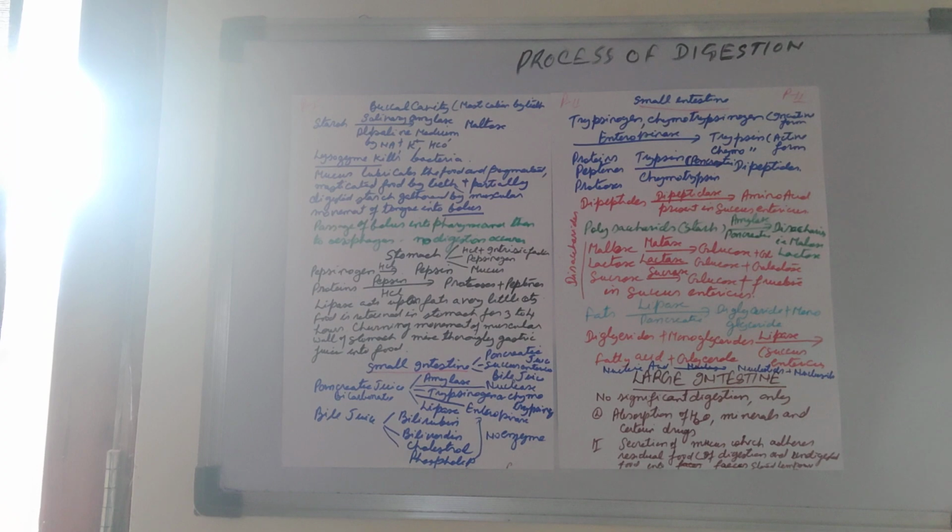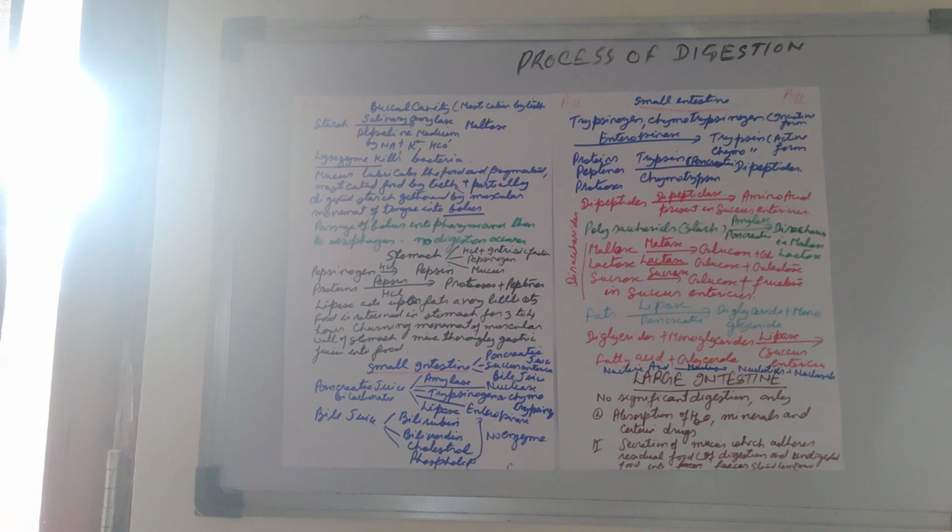The food from the cecum through the colon is passed to the rectum, where it is stored for some time and is moved out at the time of defecation, which is called egestion. So in the large intestine no digestion occurs. Absorption occurs in the small intestine.